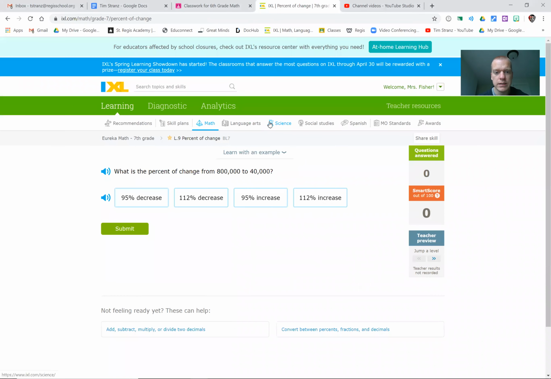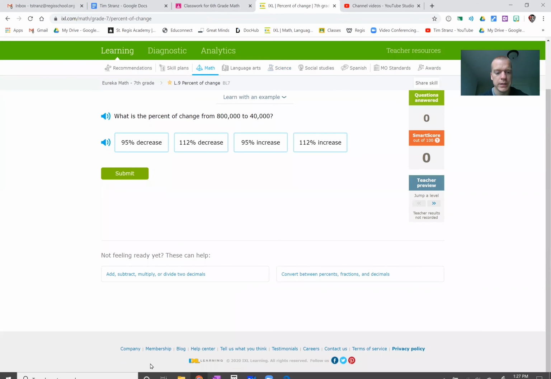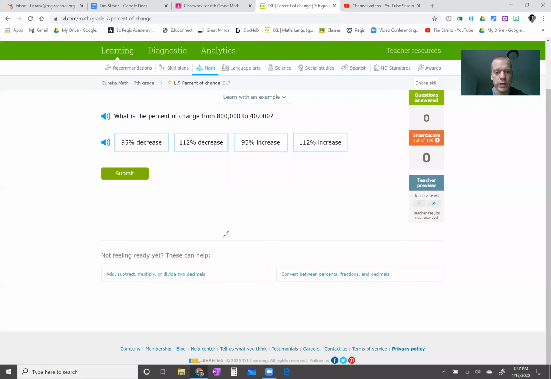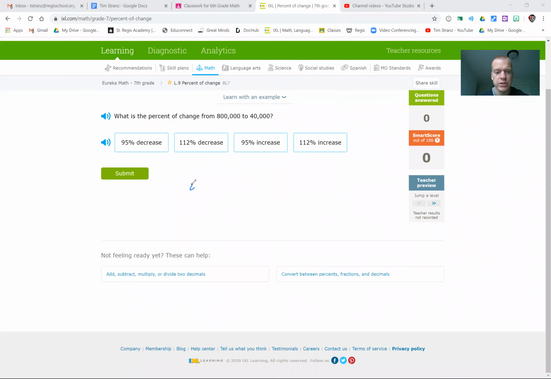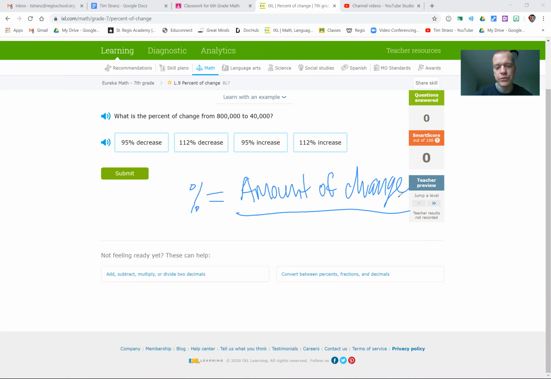Okay, so when you're doing these, you just need to know one simple equation. You might want to write this down real quick. So your percent of change, the percent you're going to change, equals the amount of change over the original amount.